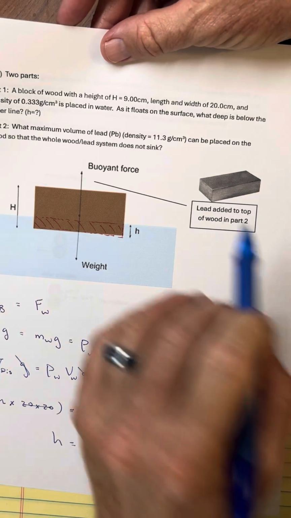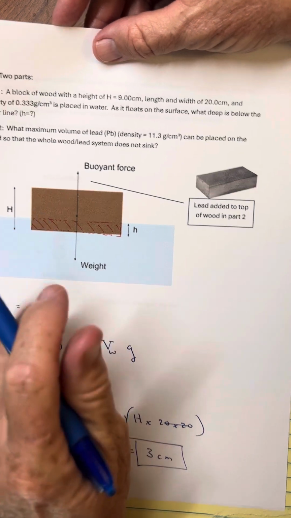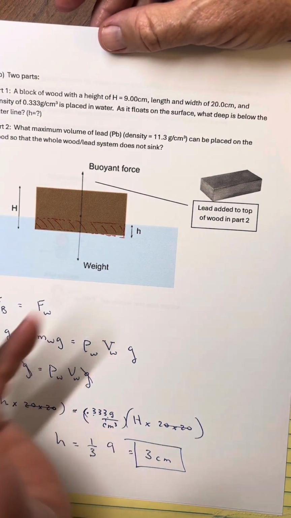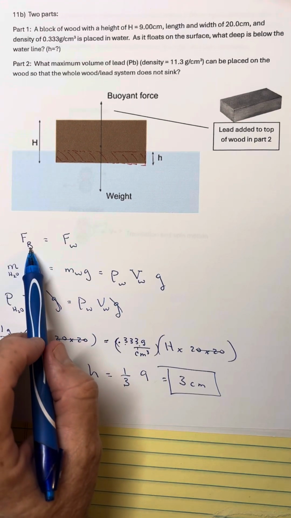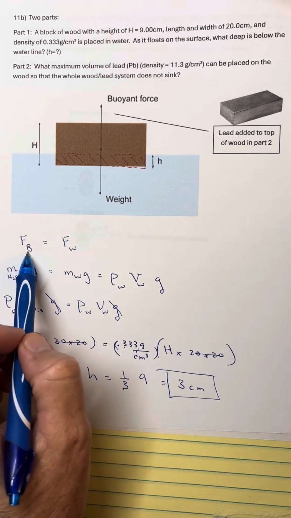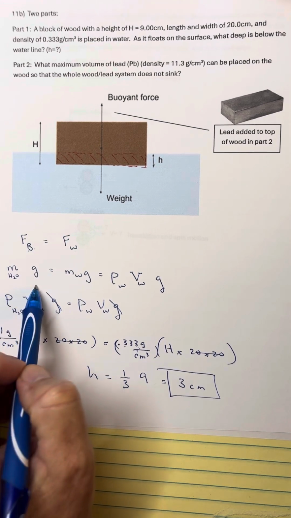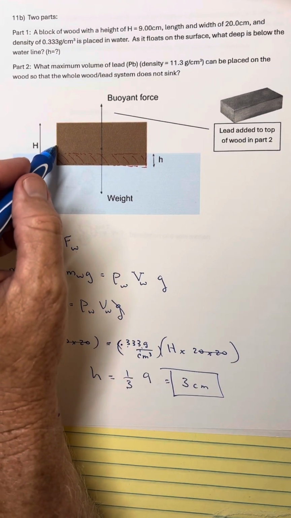So you can see that you're adding quite a bit of weight, and that's going to be forcing the wood down lower. And of course, the reason is back here. Anything that's floating means that the buoyant force has to equal the weight. So as you start to put more weight on there, you're going to need more buoyant force. And you get buoyant force from the volume displaced. And so this has got to sink deeper in the water.